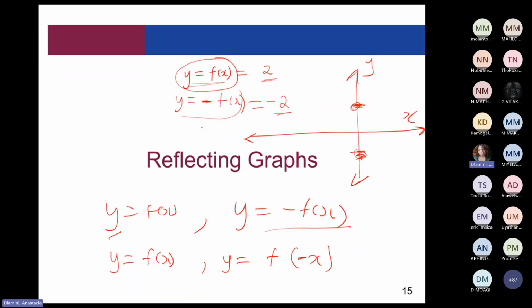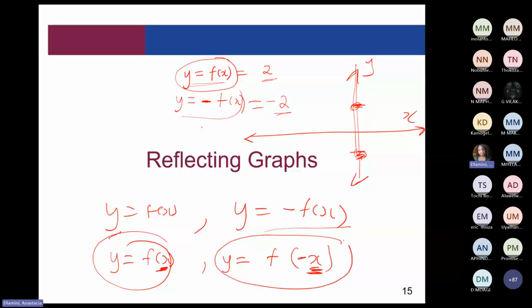I moved from the positive x's to the negative x's, or from the negative x's to the positive x's. Since the x was positive and it moved to negative, I jumped the y-axis. Which line did I jump? The y. So I'm reflecting about the y-axis.